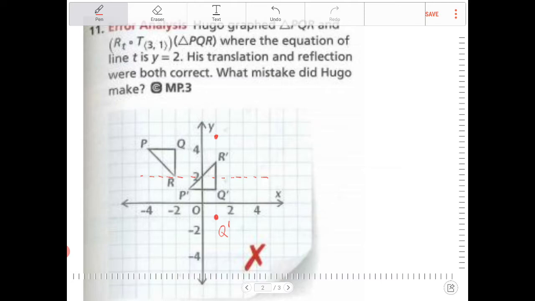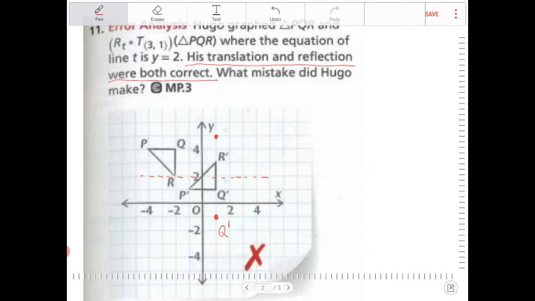I don't see the translation and reflection as being correct, actually. So I'm opposed to this statement that the text wrote.